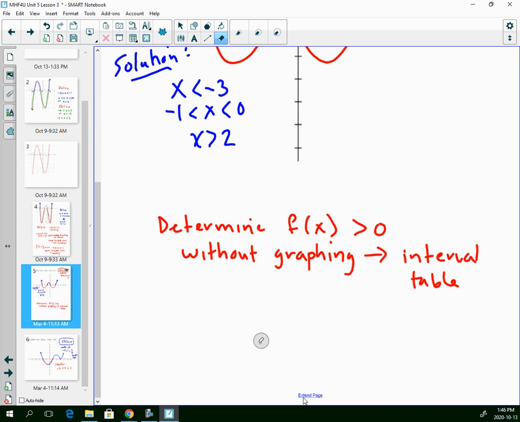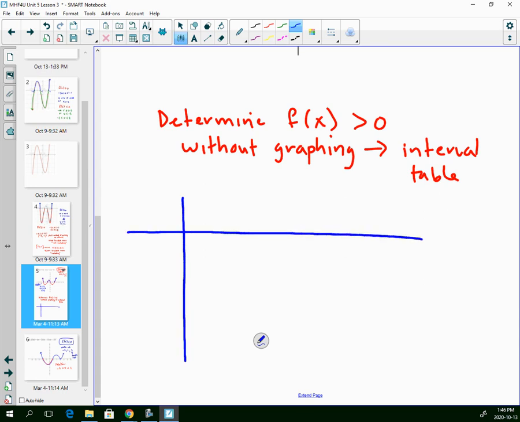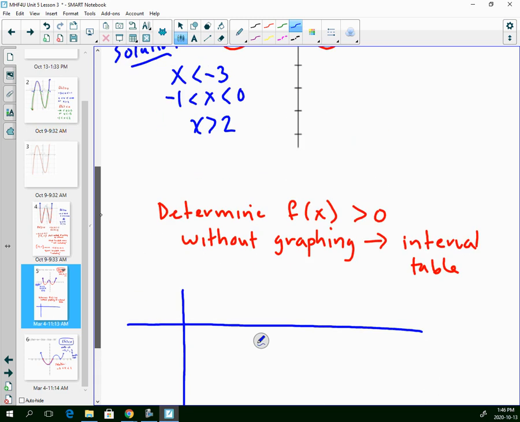Is it helpful for graphing? Yes, it is. The interval table is a good tool to help me graph, especially when we get into Unit 15 and 16, where we're graphing rational expressions and we don't have graphing technology. So it's easy to help us sketch the graph. So how do we do an interval table? What we do is we put the factors down the side here.